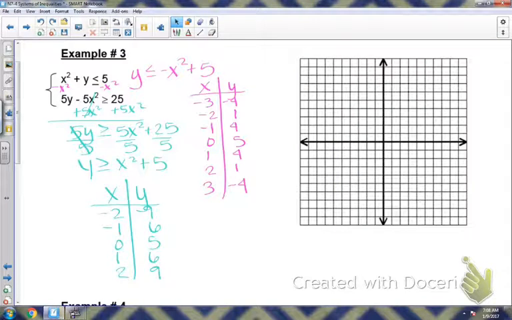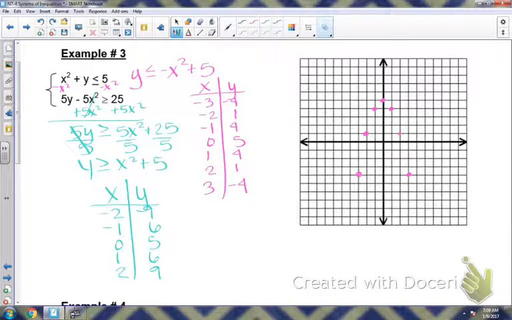Okay, so let's graph the first one. -3, -4, -2, 1, -1, 4, 0, 5, 1, 4, 2, 1, and 3, -4.